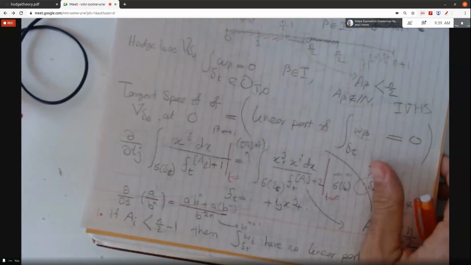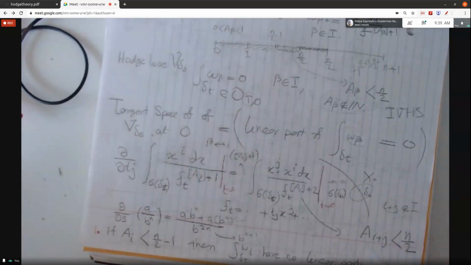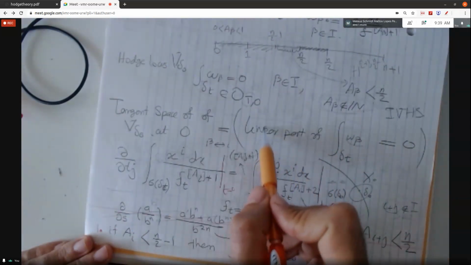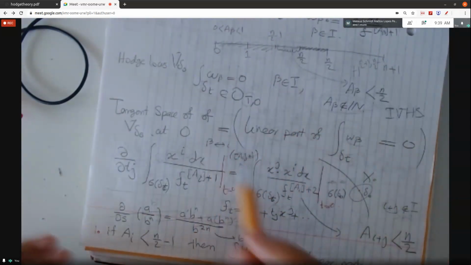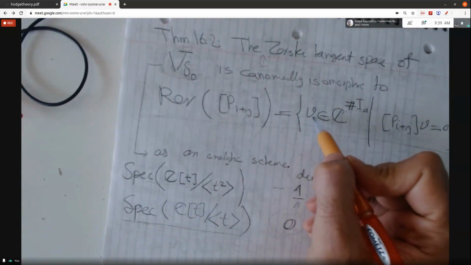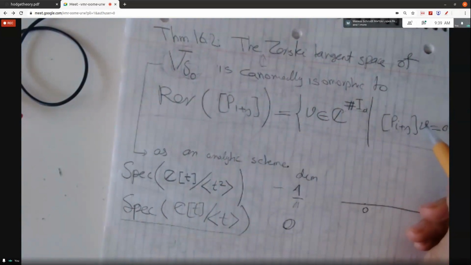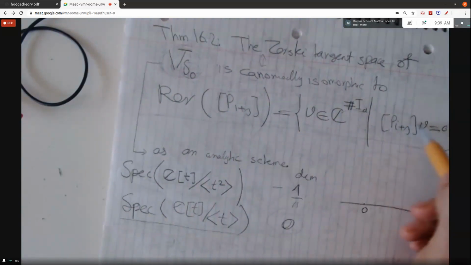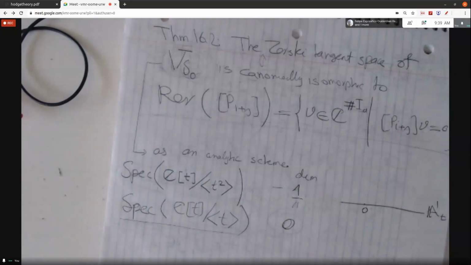What we wanted to compute is, let me see, the linear part of this one. When we gather the linear part of these integrals at the end, we get this statement. So this is the pi plus g times this v are exactly the linear part of this integral that we were looking for.